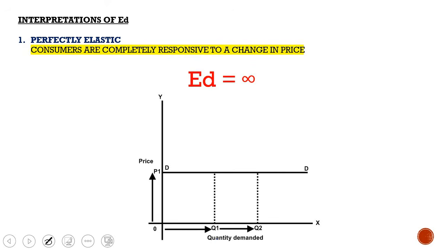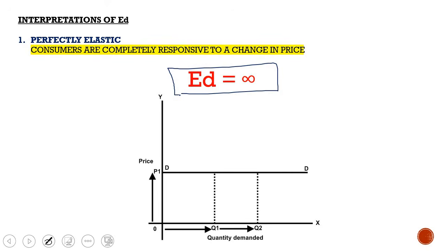So perfectly elastic demand is when consumers are completely responsive to a change in price. So when you do these calculations, your E of D is going to equal infinity. And when you draw it on a graph, it is flat, a horizontal line. So whether price increases or decreases, you're going to get a change in your quantity demanded all the time.